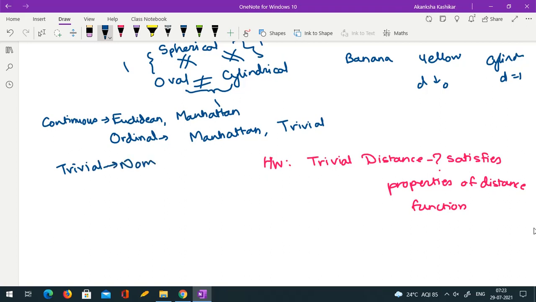When you have binary data, you have 0 and 1 as the encoding, right? So for example, gender can be recorded as binary, or a yes or no type of answer. If I ask you whether your graduation is from Pune University, yes or no, it becomes binary data, correct?